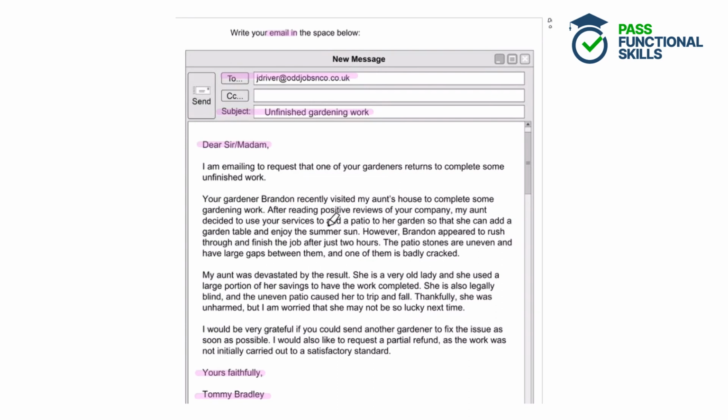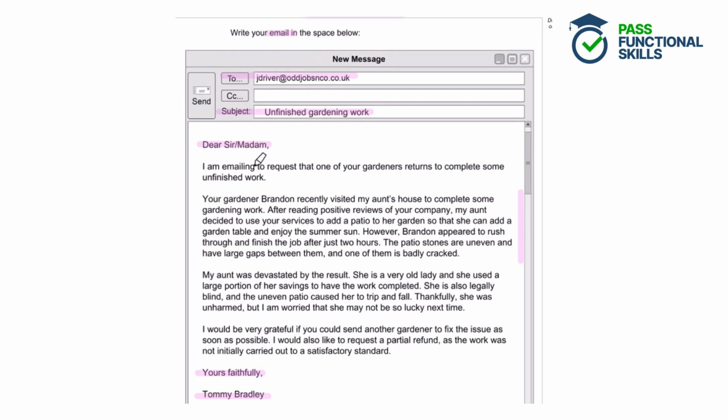You'll also need to make sure that you are using paragraphs in every single answer that you write. So make sure that you break your text up into different sections in a logical order. Paragraphs will also help to make your answer really cohesive. So it will help you to link everything together and join up your ideas so that they flow on from one another really effectively.